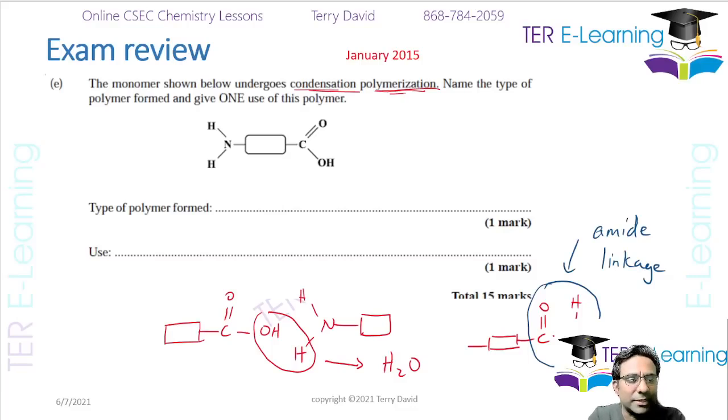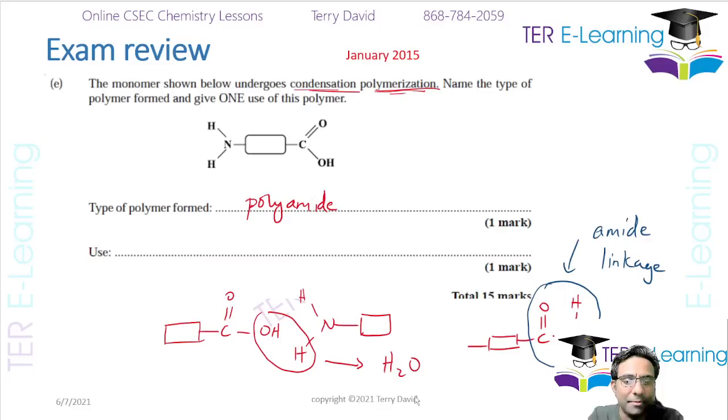Anybody want to take a guess? What type of polymer am I getting here? Right, so somebody said polyamide. That is absolutely correct. So this here is a polyamide, right?